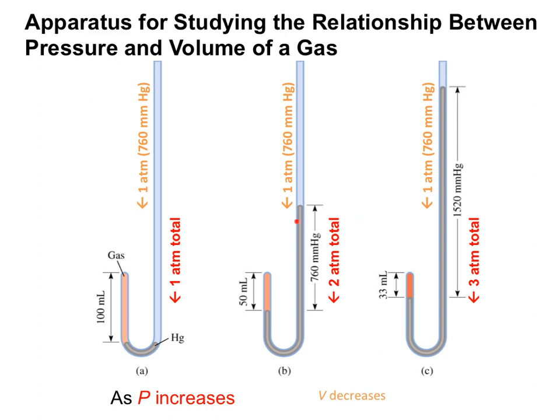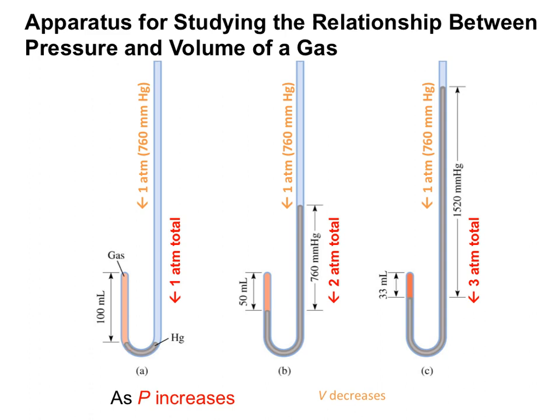This example here is showing 2 atm of pressure, and this example here is showing 3 atm of atmospheric pressure. So we're doubling and then tripling the atmospheric pressure that's being applied to this volume of gas.